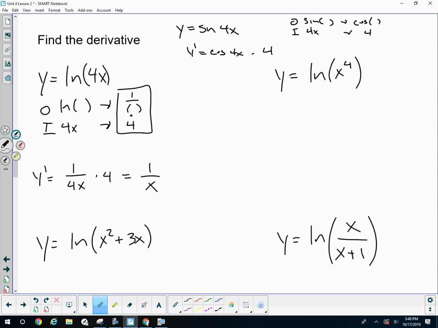Okay, try the one on the right. Log of x to the 4th. It will not be 1 over x. Close to it.